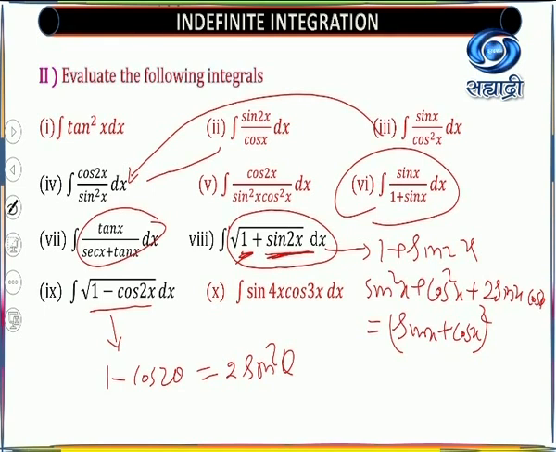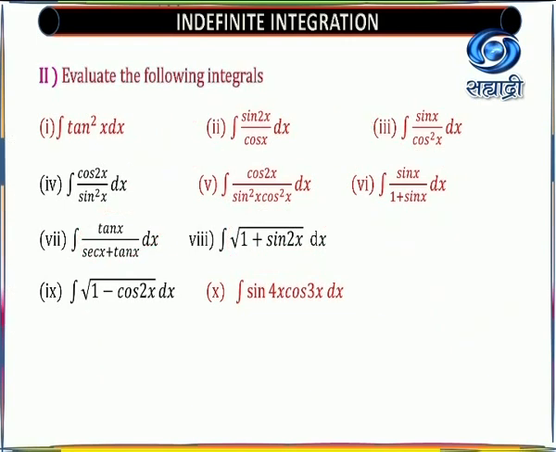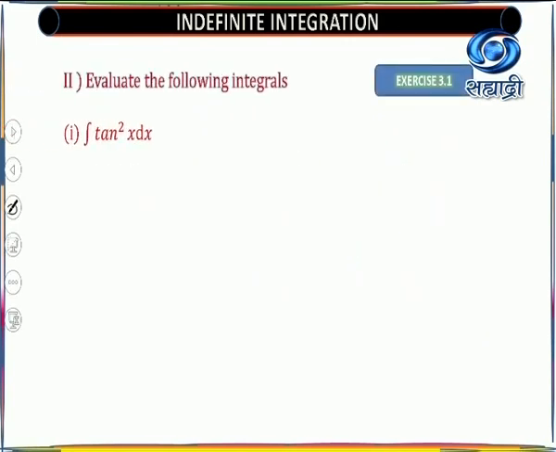So what I am doing is solving those examples which are not of that kind. Okay, so we'll start with our first example, that is tan square x. Actually this one is also directly from the formula, but we'll see that. So integral of tan square x dx. You know the formula that tan square x equals sec square x minus 1.